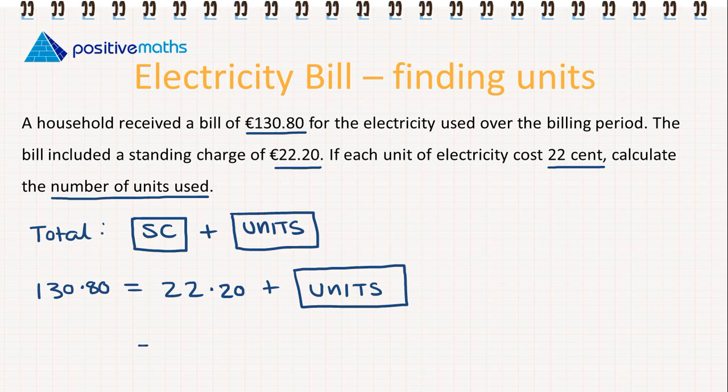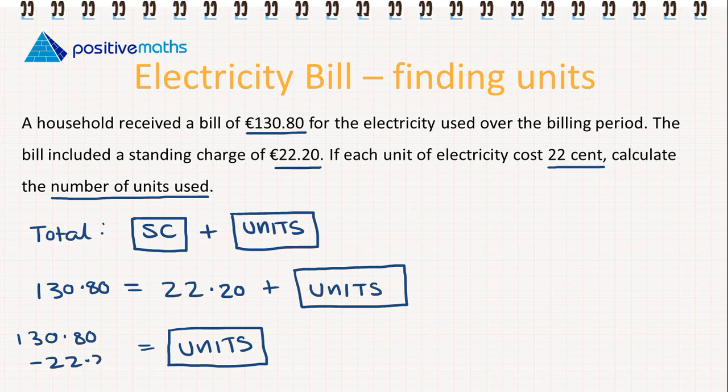So how we're going to calculate the amount we paid for our units is we're going to take 130.80 minus our 22.20. So we're bringing this across and subtracting it. So when we subtract those two, we find that what we pay for our units is equal to €108.60.